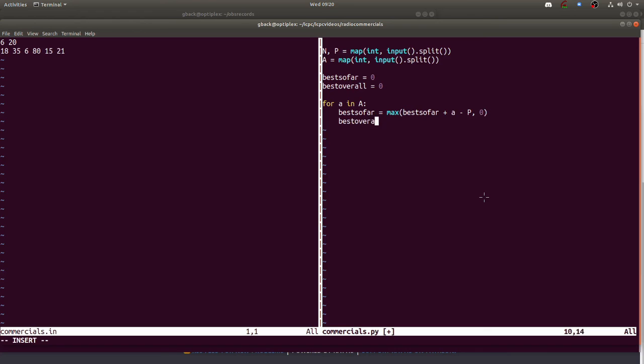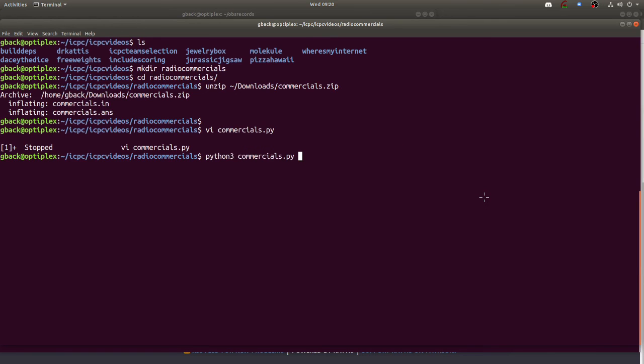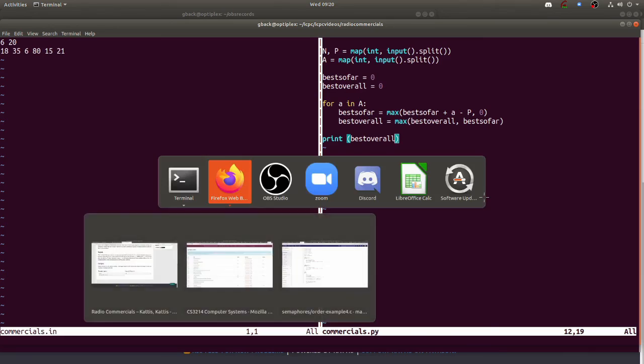And then the best overall here is the maximum of what we believe the best overall to be so far, and best so far, right? And then at the end, it's asking us to output the best overall. So if we test this here, we get the answer 61.